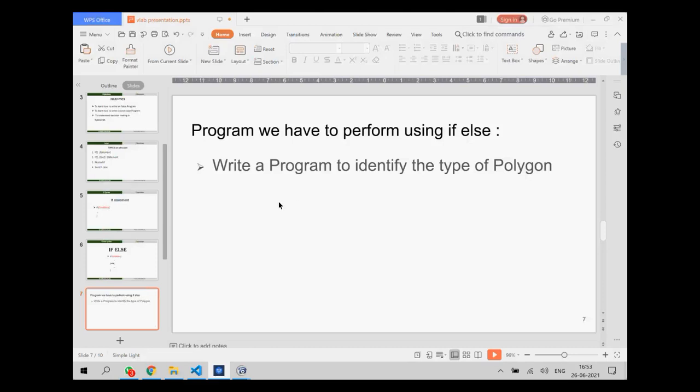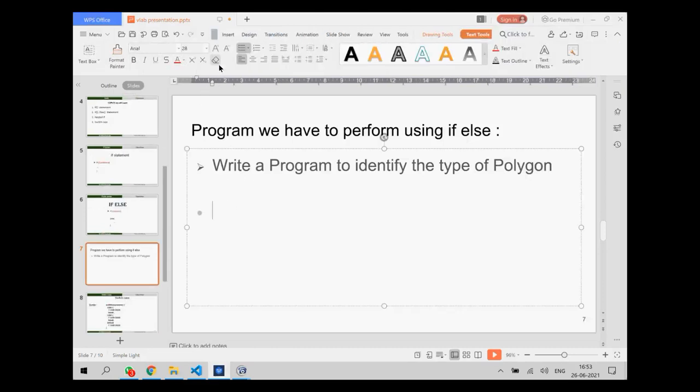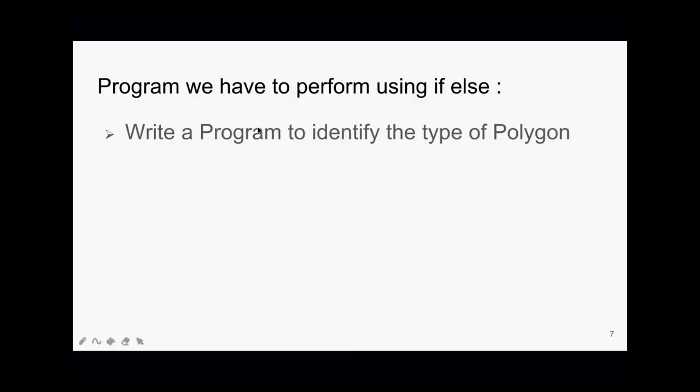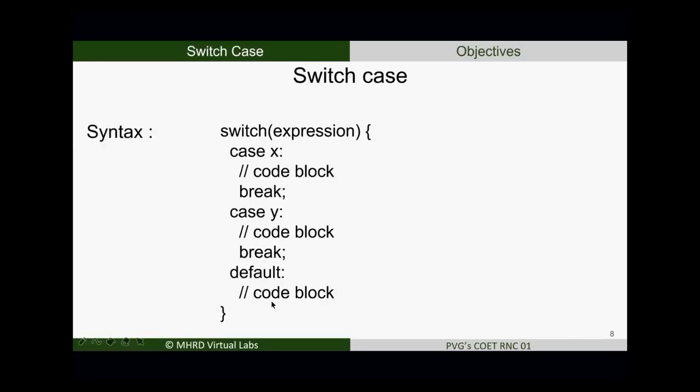Now I will show you the switch case. This is the syntax for switch case, in which we write switch, then the expression. This expression is checked at every case. Now if case X is true, then this code block will get executed and others will not.